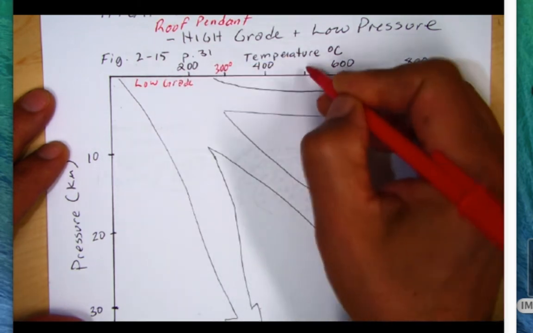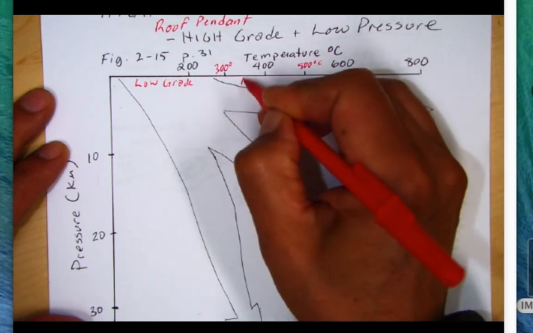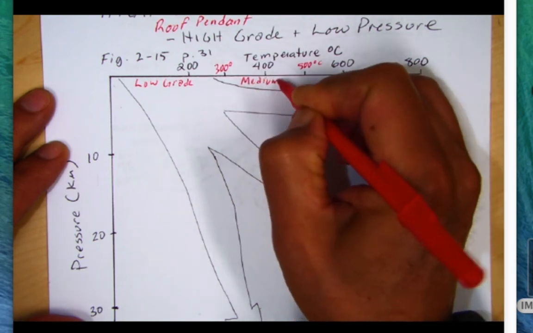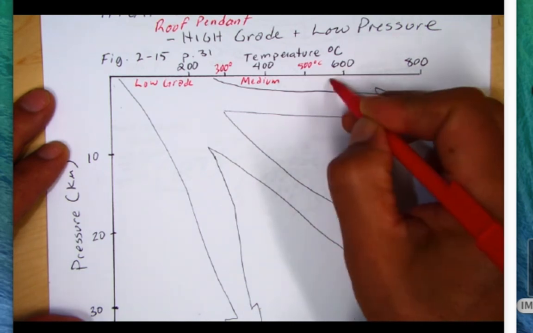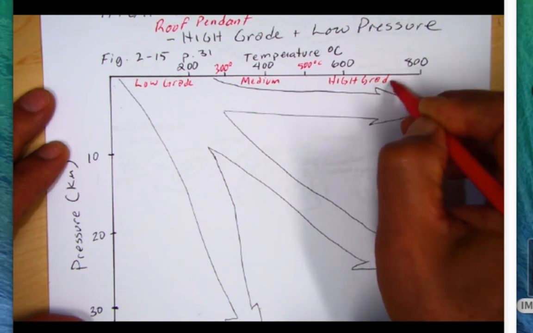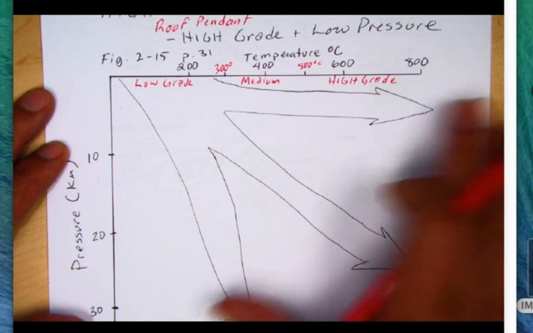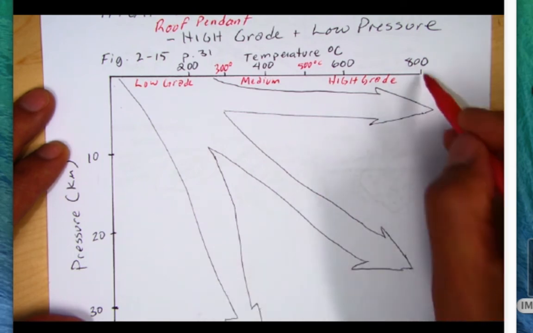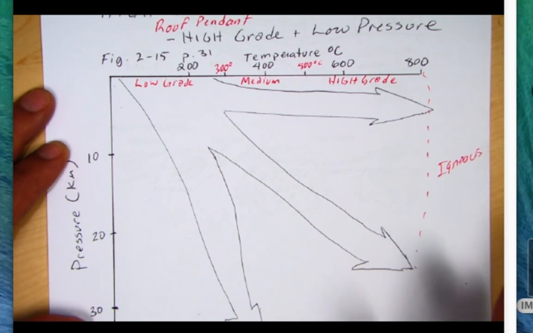Whereas 300 to 500 over here is usually considered medium grade. And then greater than 500 over here is going to be high grade. Note that it depends on the rock type. Some rocks will melt at lower temperatures, some melt at higher temperatures. So once you get too far over here, we can sort of put a line over here. We start seeing igneous, we start seeing magma over there. So we've left the region of metamorphism.